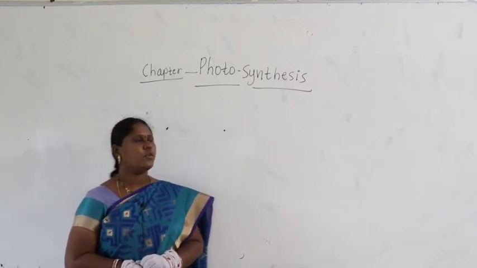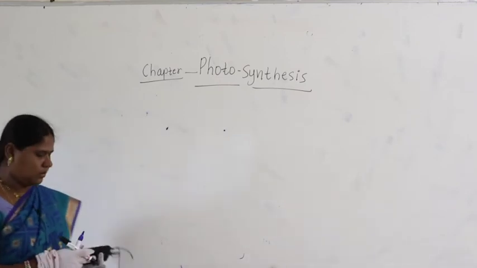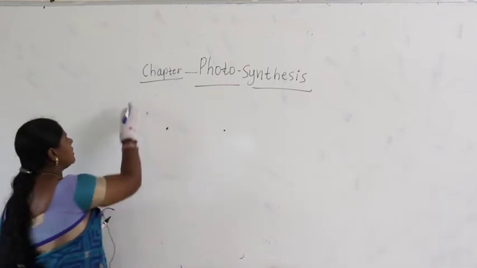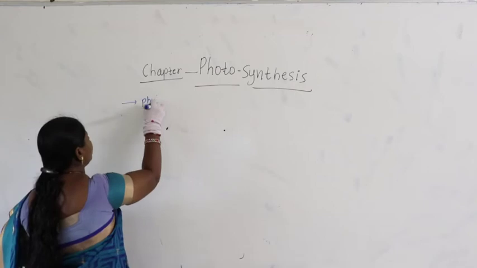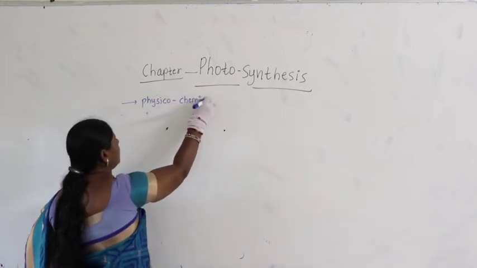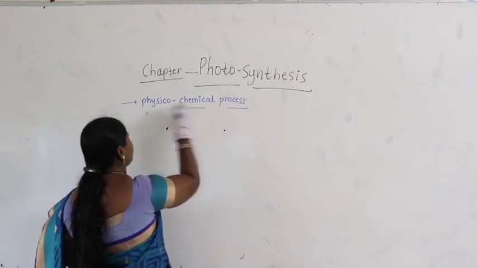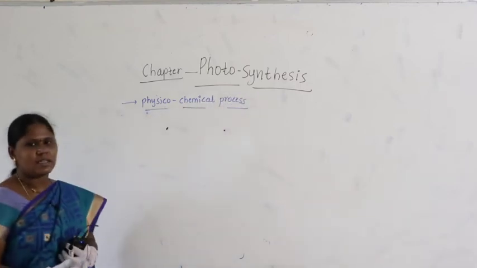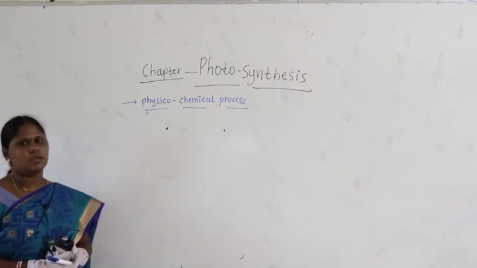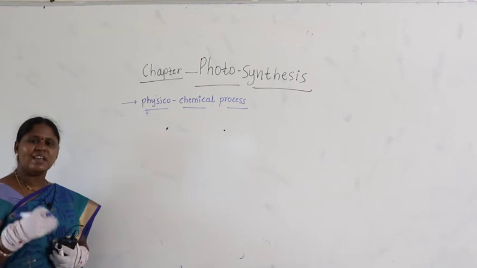It is called photosynthesis. Now when we take photosynthesis here, we say photosynthesis is called a physico-chemical process. Why do we call it a physico-chemical process here? Physical means it requires physical components, physical environment.